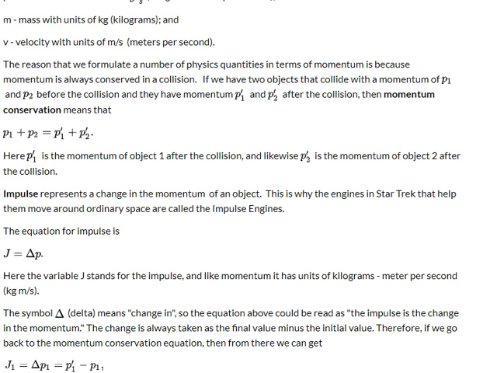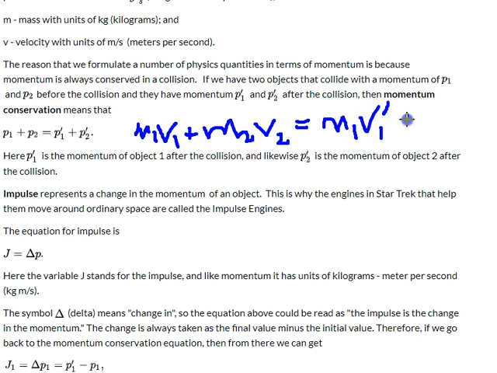Another way to think about writing this is M1 V1 plus M2 V2 equals M1 V1 prime plus M2 V2 prime. So that's a different way of writing this same equation. We're just taking the MV and putting it in for each one of these.